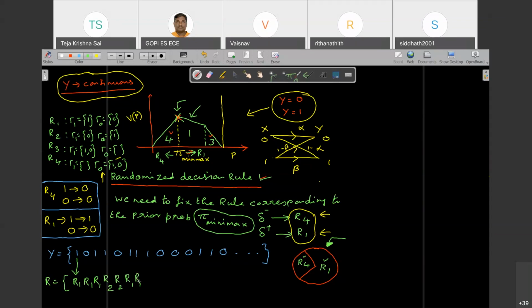So this is like R2, R1, then R1, then R1, then R2, then R2, then R1, like this. I have randomly selected here. You have to rotate this roulette wheel and see what the pointer is selecting. If it is selecting R1, you have to put R1.